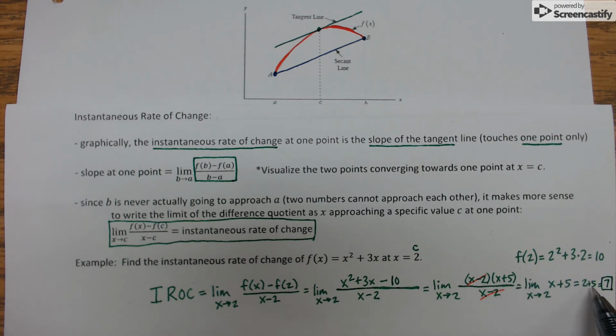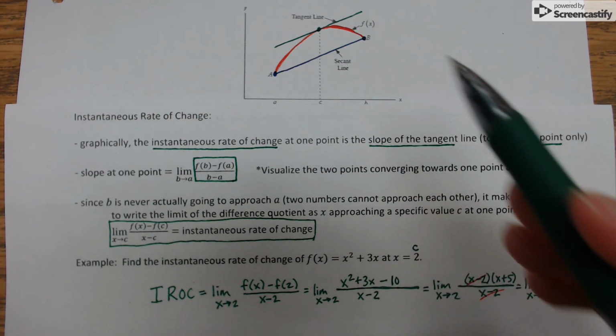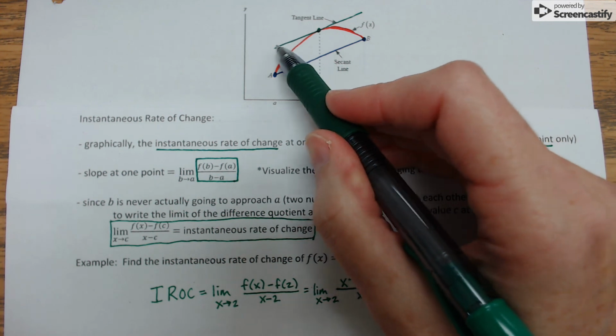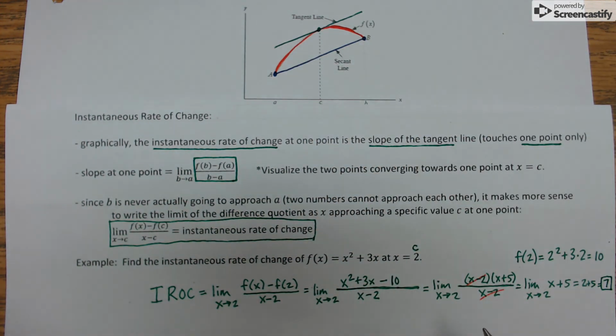Substituting the 2 plus 5 gave me a final answer of 7 for the instantaneous rate of change. So what that means is if we were to graph this parabola and look at exactly x equals 2, that tangent point of the tangent line would have a slope of exactly positive 7.